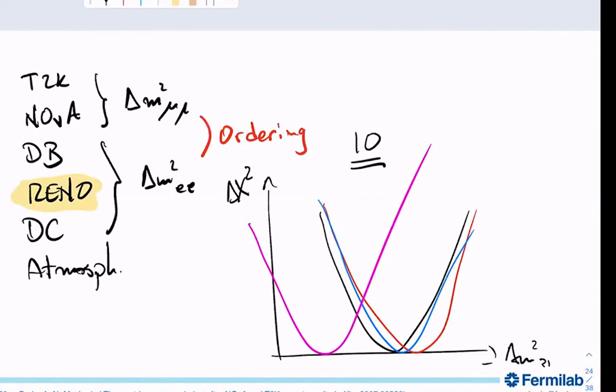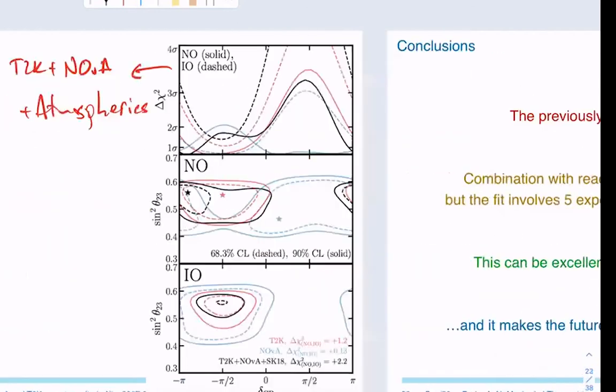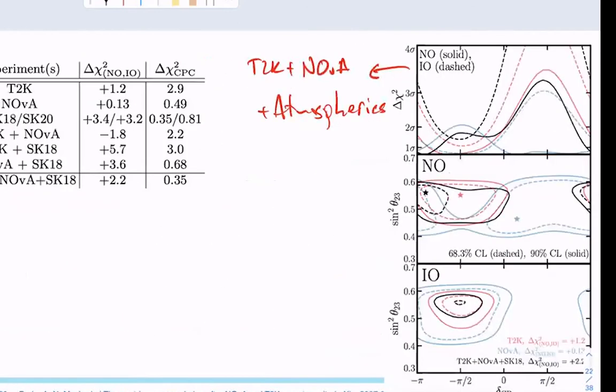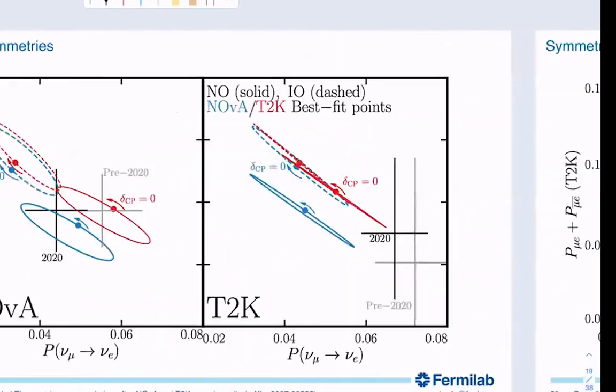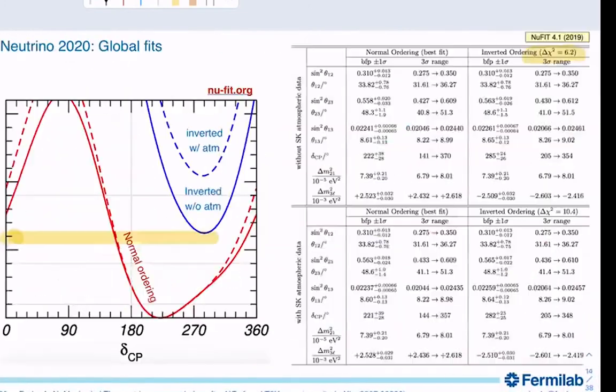In my opinion, this is a little bit more fragile because these fits are not done by collaborations. This is people like me trying to reproduce experimental data the best they can without all the details. If you look at all experiments without atmospherics before, you had a delta chi-square of 6 in favor of normal.